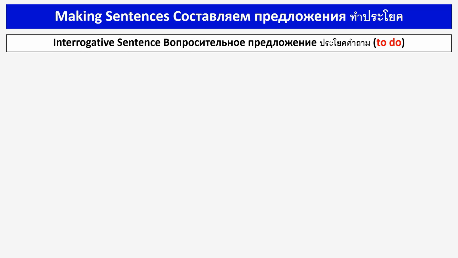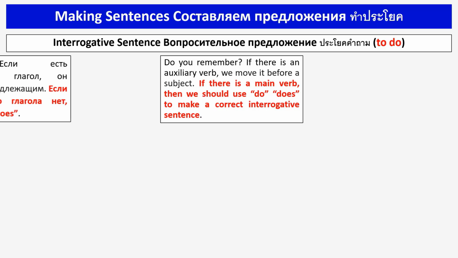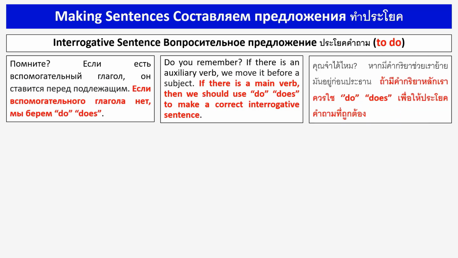Interrogative sentence. To do. Do you remember? If there's an auxiliary verb in a sentence, then to make an interrogative sentence, we should move it to the first place before a subject.